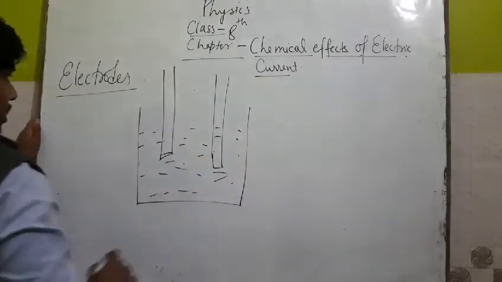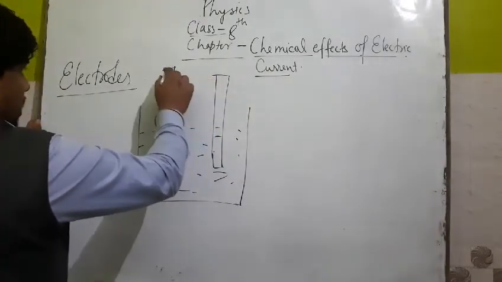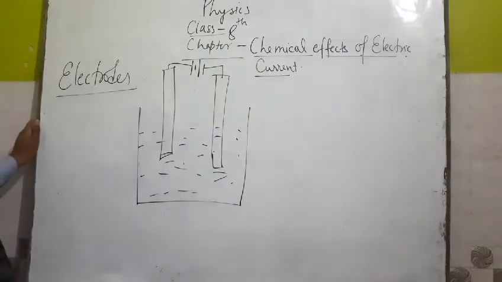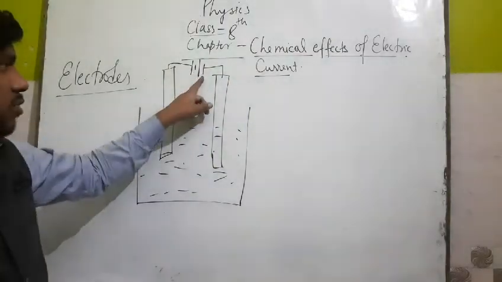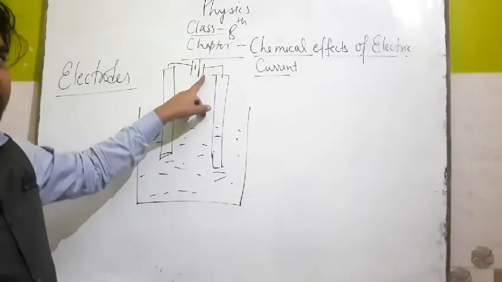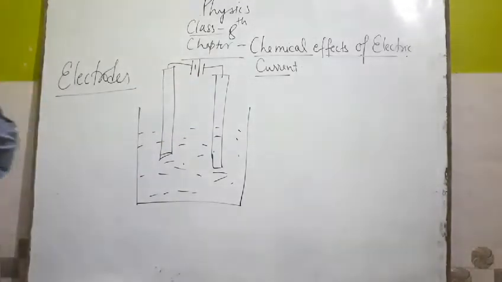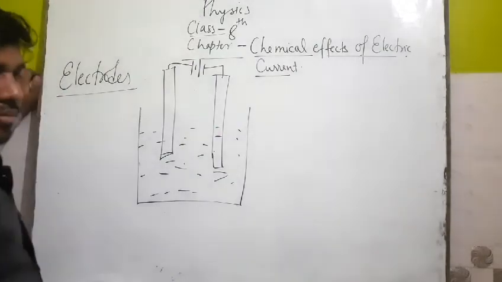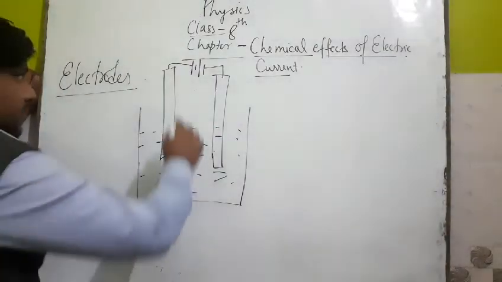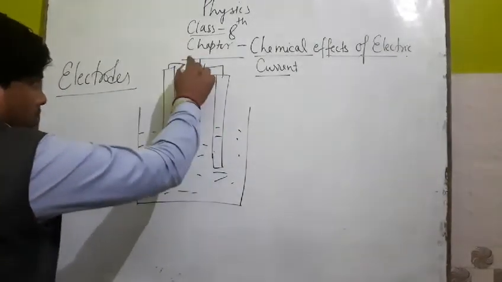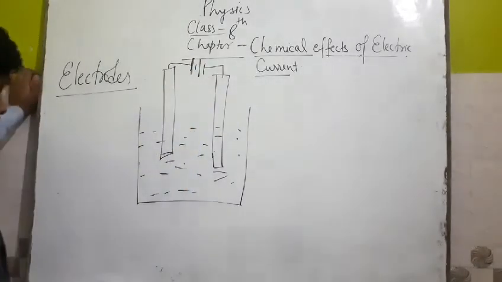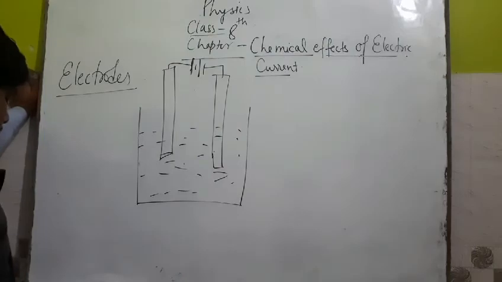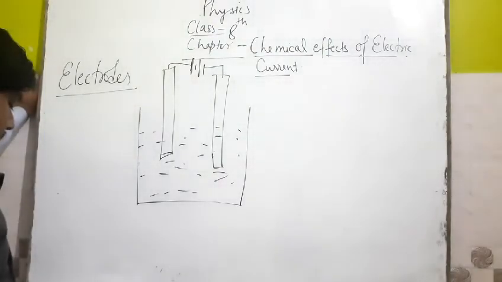Clear? And these two rods are connected with a battery. We know that in a battery the small line denotes the negative terminal and this is the positive terminal. Electrons flow from the negative terminal to the positive terminal, and current flows from the positive terminal. Then what happened? In an electrolyte, the electrode at which electricity enters the solution.